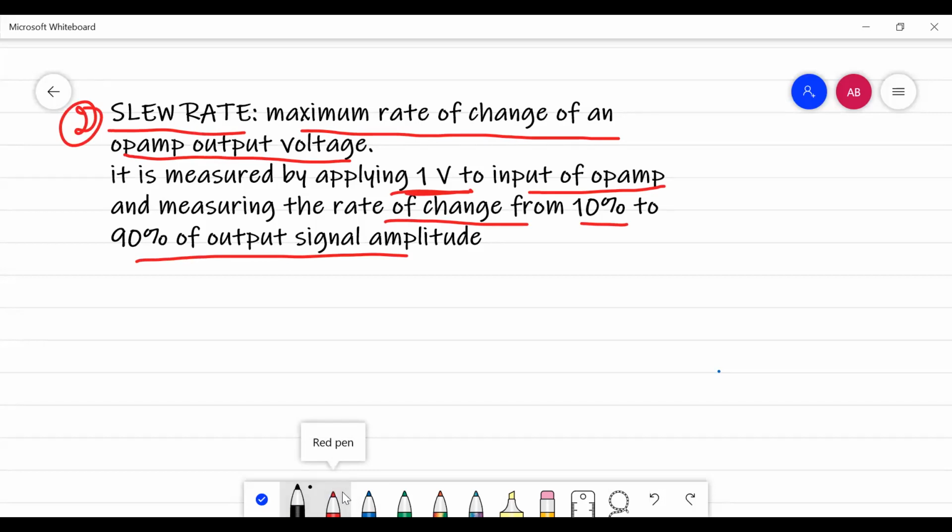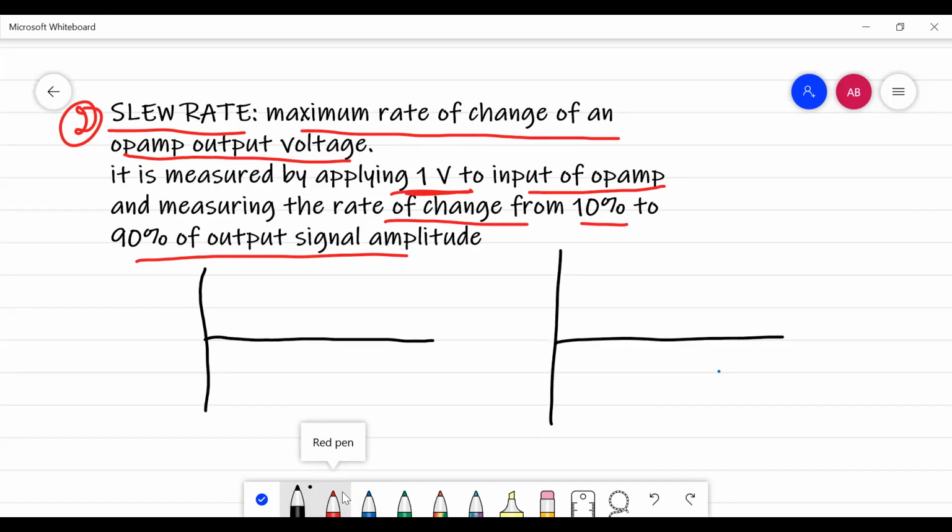So basically, if you want to understand it carefully, just look at this diagram that I am drawing. Let's say that you have applied a sinusoidal input. In actual, the op-amp output should go according to this sinusoidal input that you have applied.